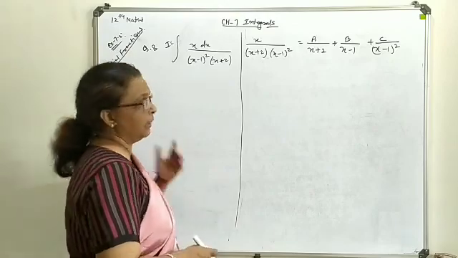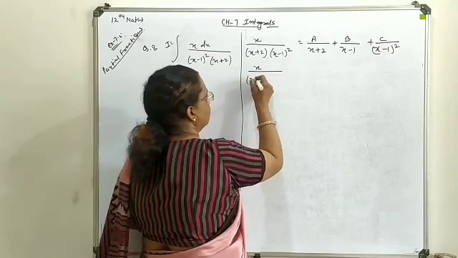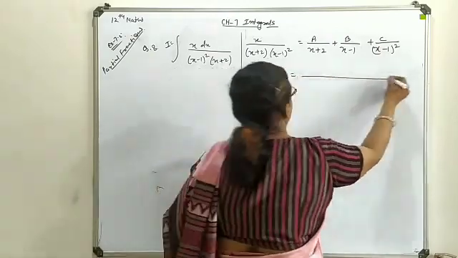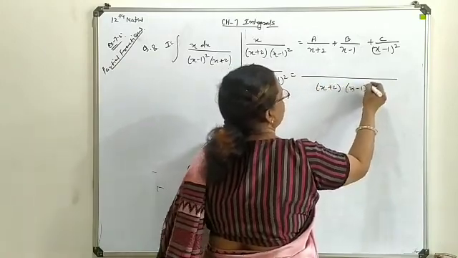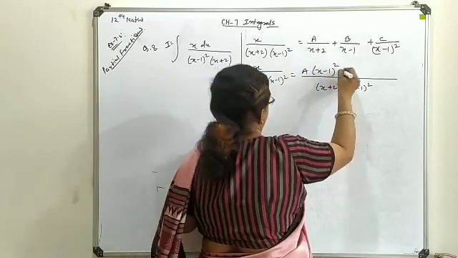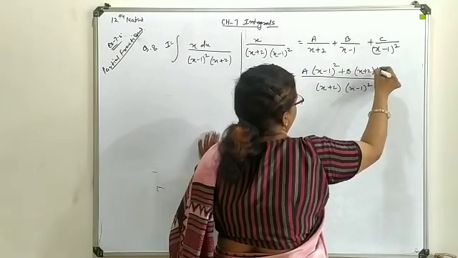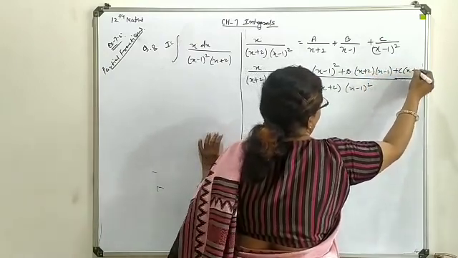Now proceed about evaluation of your constants. The method will remain the same, so go for taking the LCM: x plus 2, x minus 1 whole square. So here what will you have? A into x minus 1 whole square, B into x plus 2 into x minus 1, and C, this is x plus 2.